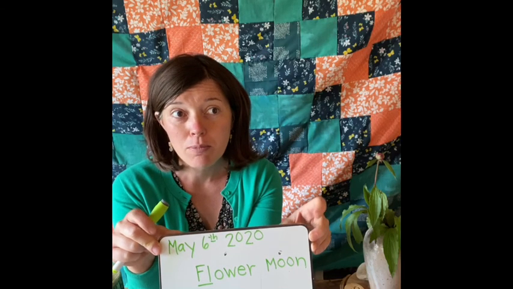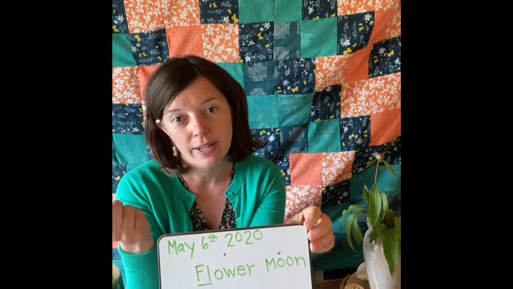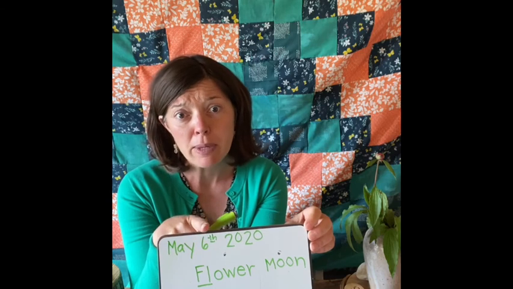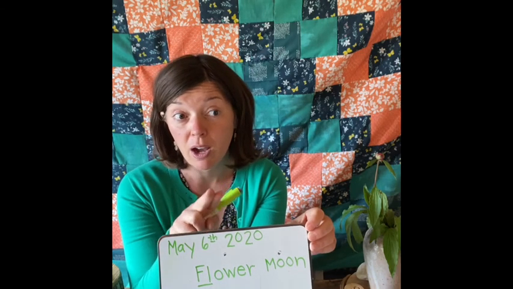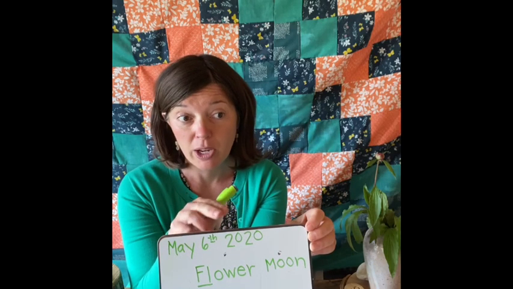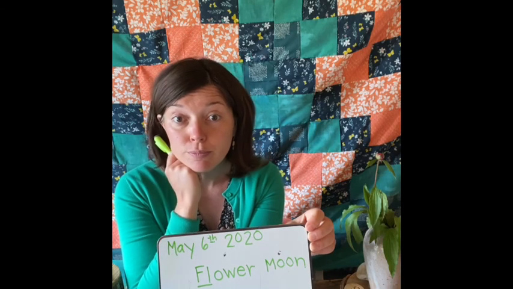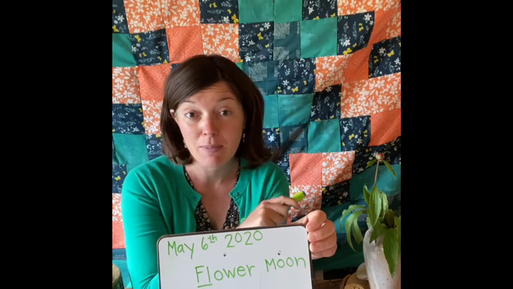So if we know that the moon names were named because of things that were going on around us, why do you think some people would call it the milk moon? Why do you think some people would call it the corn moon? Why do you think some people might name it the hare moon? Also think about why we celebrated May Day on the 1st.